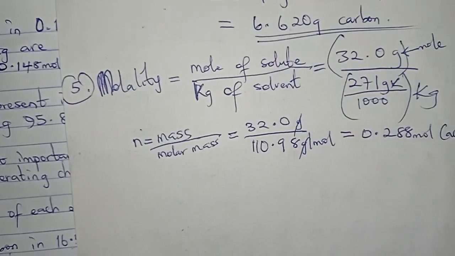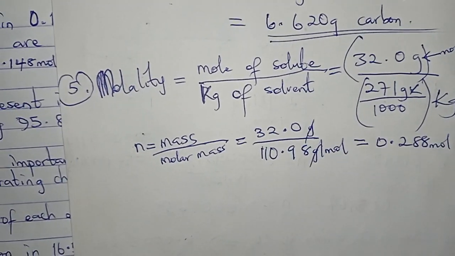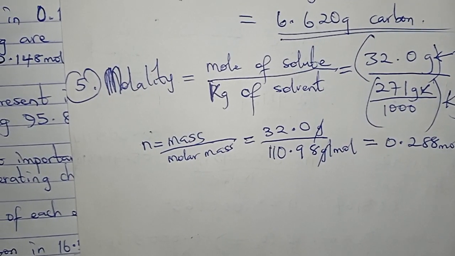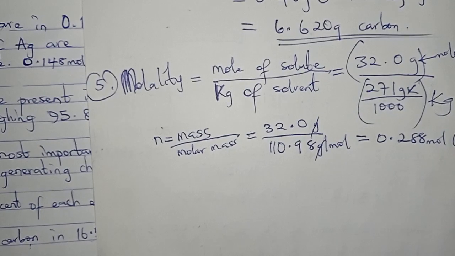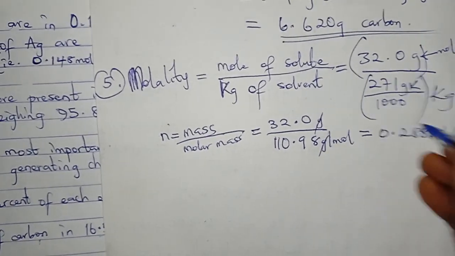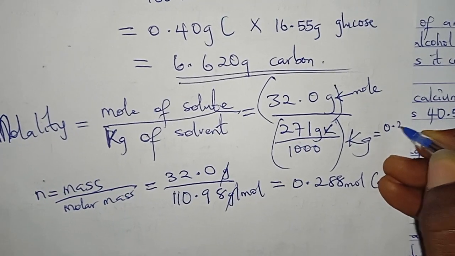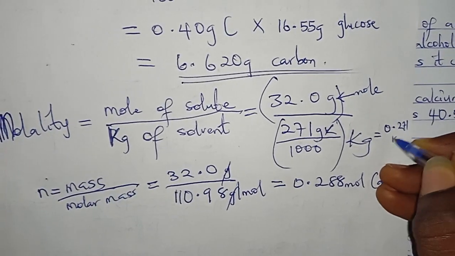So let's divide 271 by 1000. Divide 271 by 1000, you see that you have this to be the same thing as saying 0.271 kilogram.